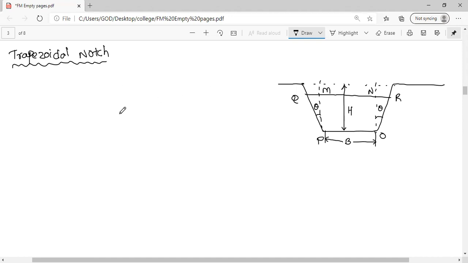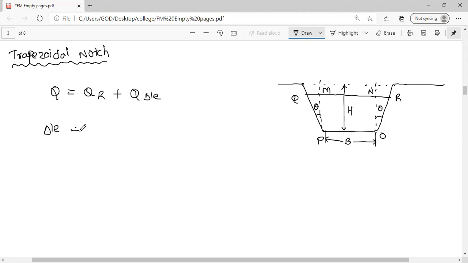Now I wish to write the discharge of the trapezoidal notch as the discharge due to the rectangle plus the discharge due to the second portion, that is the triangle. What is the triangle I have considered? If you observe, there are two triangles.